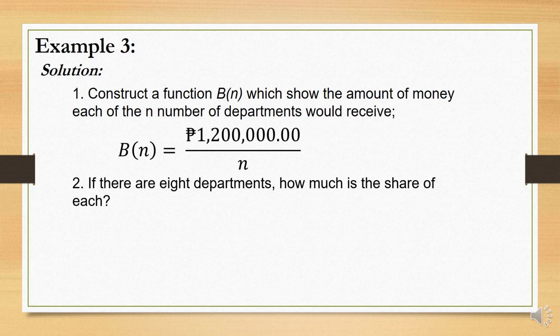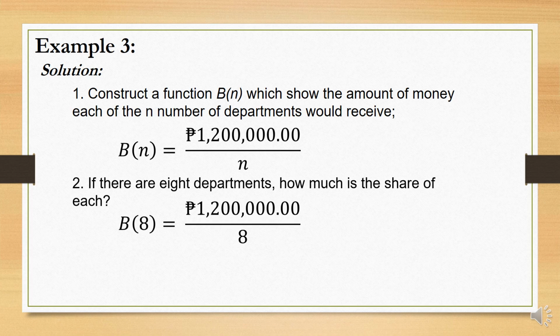Now, using the function b of n, we will substitute the value of n to 8. So we have b of 8 is equal to 1,200,000 pesos divided by 8. The result is 150,000 pesos. So each department will receive 150,000 pesos.